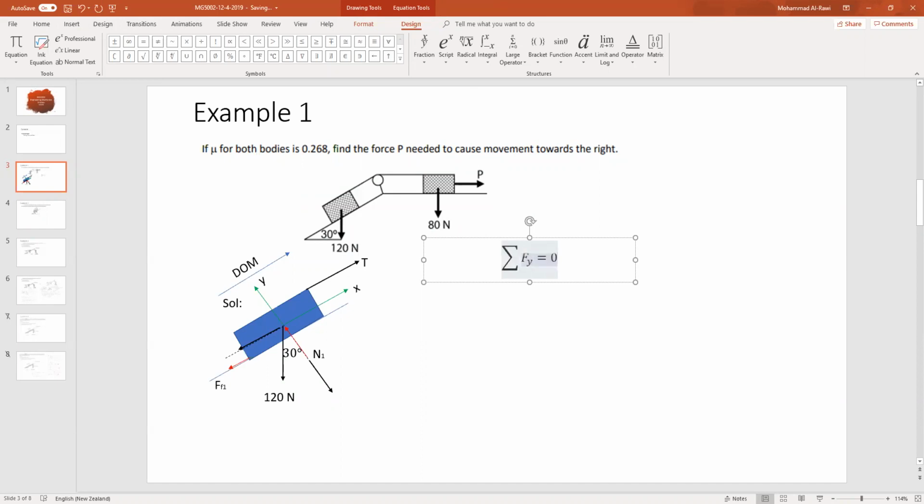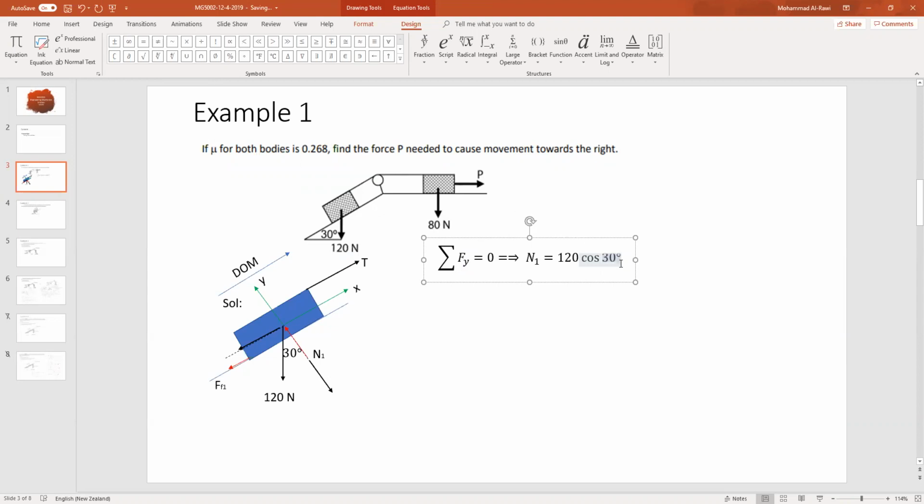In the Y direction, you have the normal force one, and opposite to that is the weight component. So N1, the normal force, equals the 120 cosine 30 degrees.